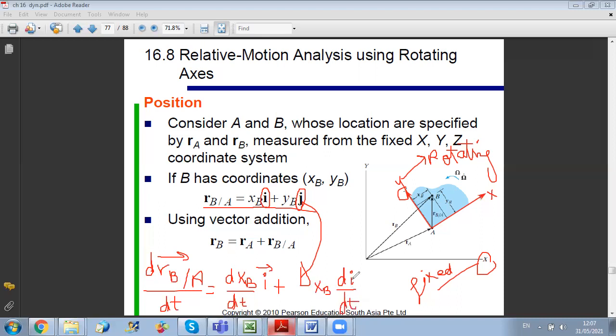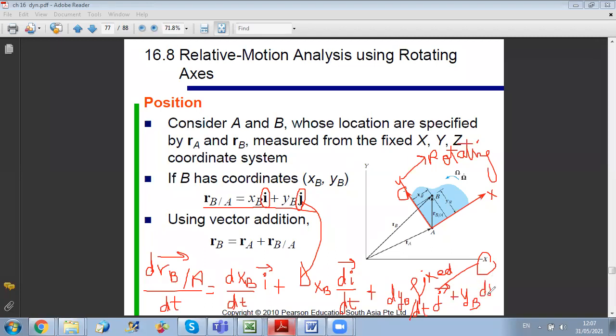What is di by dt? The same applies for deriving the second term. The derivative of yB j, in the same way, will be plus dyB by dt along j, and plus yB times dj by dt.